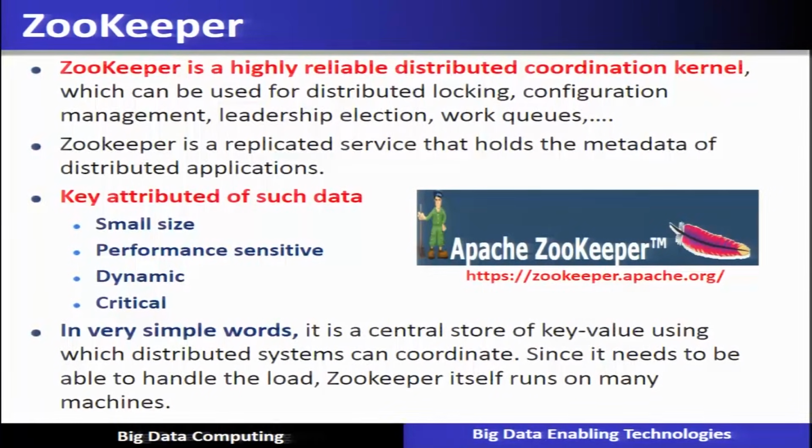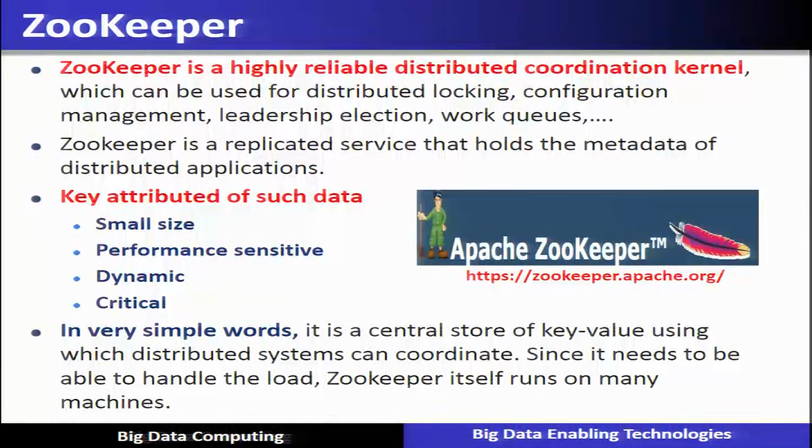Zookeeper is a highly reliable distributed coordination service, which can be used for locking, configuration management, leader election, and so on. Zookeeper is a replicated service, and its key attributes are small size, performance sensitive, and critical, and it is part of the Apache Zookeeper open source project.